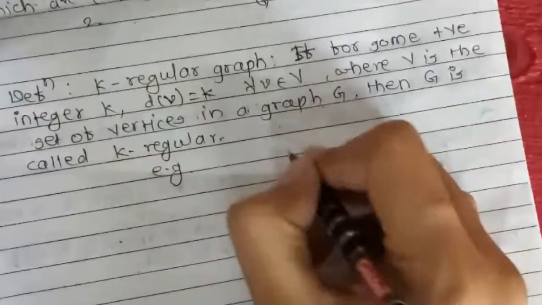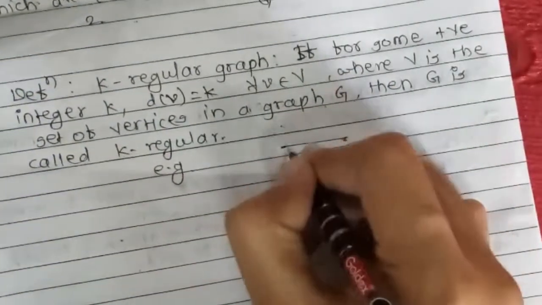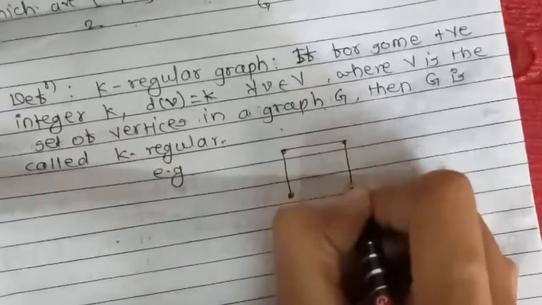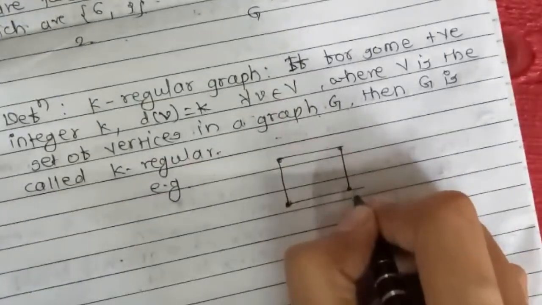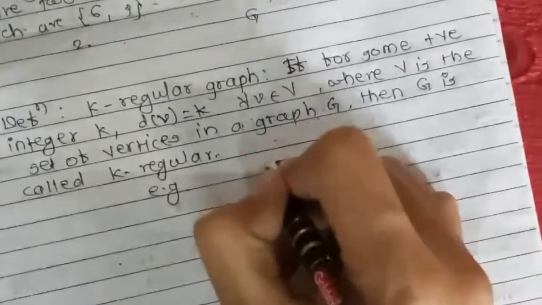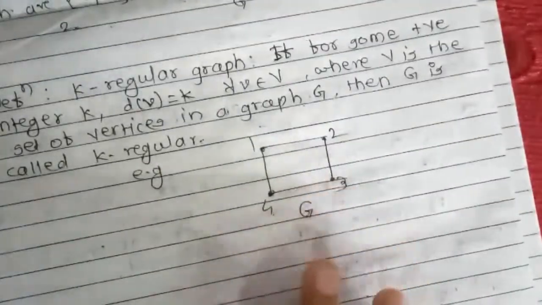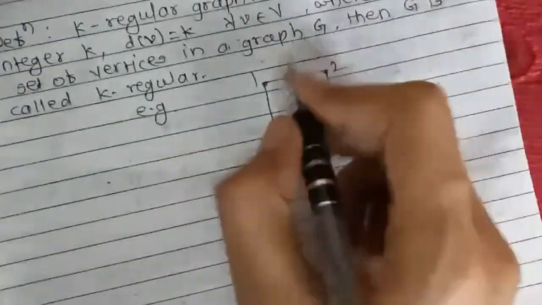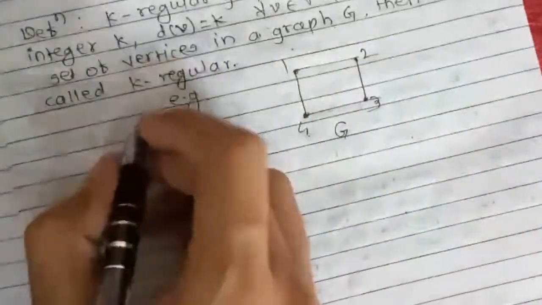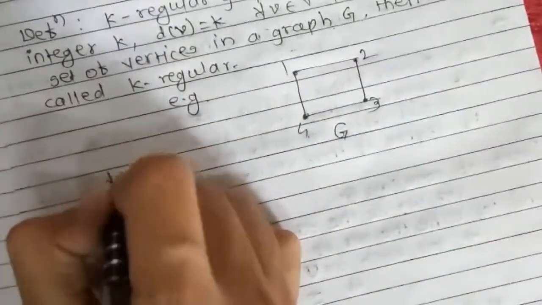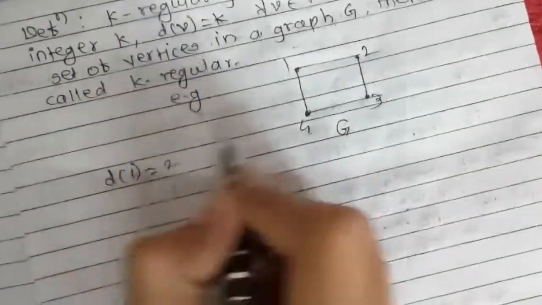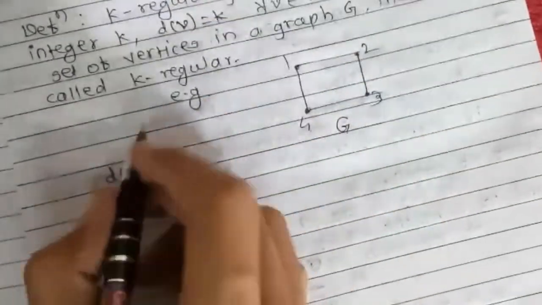For example, suppose that this is a graph G and there are 4 vertices, right? So let us find the degree of all vertices here. Degree of 1 is equal to 2 because there are 2 edges incident on 1.